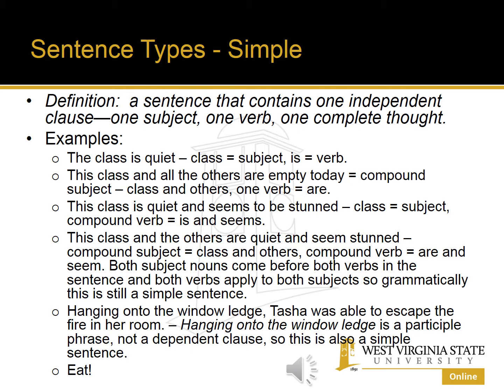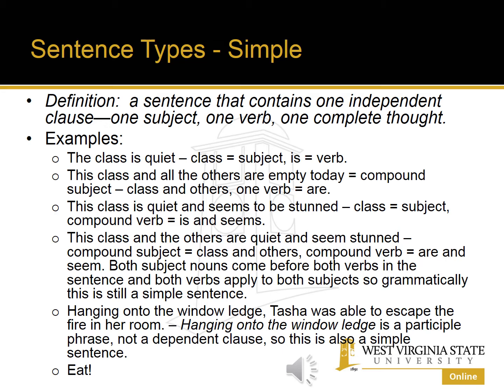Subject, class, and others. Verb, are, and seem. But both of the subjects precede both of the verbs. So we have a compound subject and we have a compound verb. This is a simple sentence because both subjects apply to both verbs.